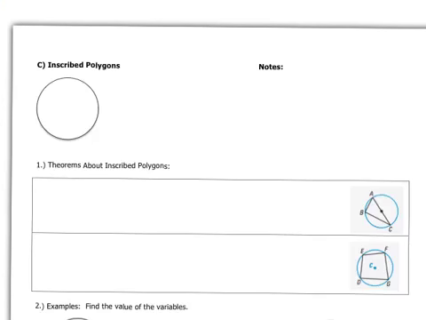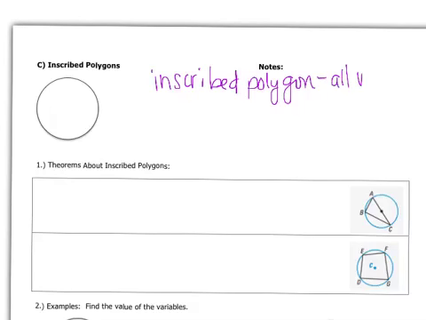The last thing that we are going to talk about in this lesson is what we call an inscribed polygon. An inscribed polygon is just a polygon where all of the vertices are on the circle.